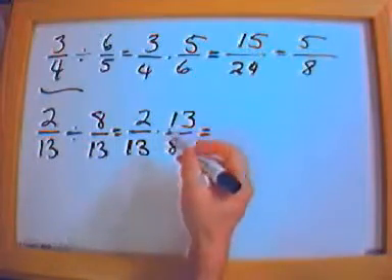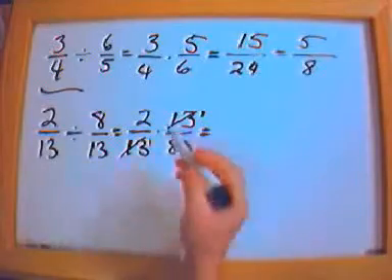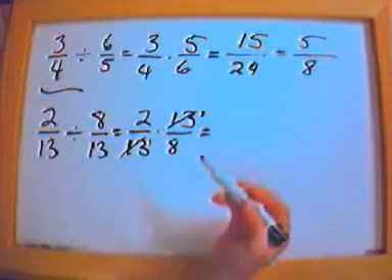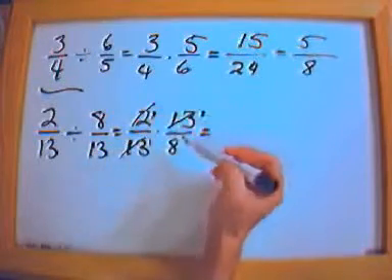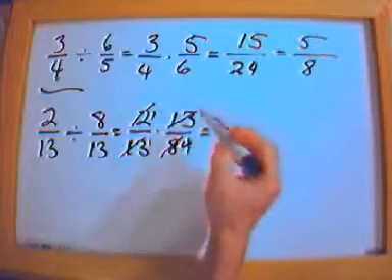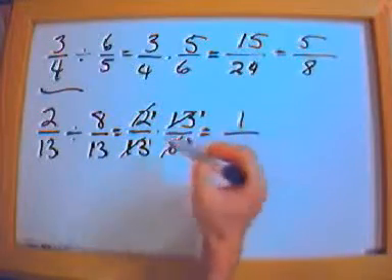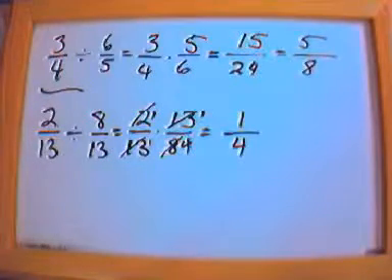Anytime I have the same thing on the top and the bottom, I can cancel them, put a 1 there if I want. It goes away, because times 13 divided by 13, it goes away. Again, 2 and 8, I can simplify that. 2 goes into 2 one time, 2 goes into 8 4 times. So I can do the multiplication. 1 times 1 is 1. 1 times 4 is 4. Answer is 1/4. Not a big deal.